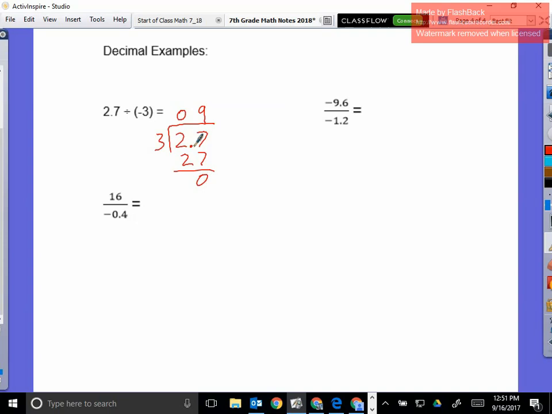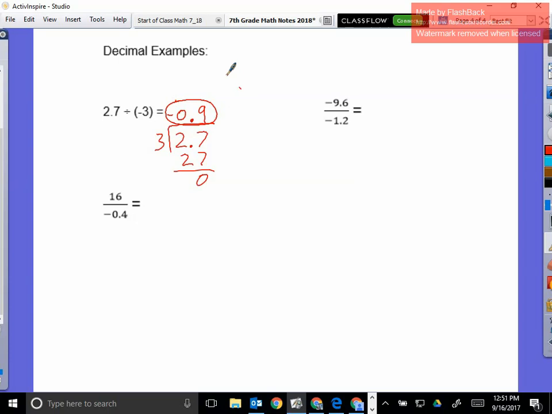So the last step we got to do, take this decimal point right here, move that straight up. So that answer is going to become 0.9. All right. Take a look at what the sign needs to be. This number was positive. This one's negative. So we're going to make this negative 0.9. All right. Perfect. Just like that there.